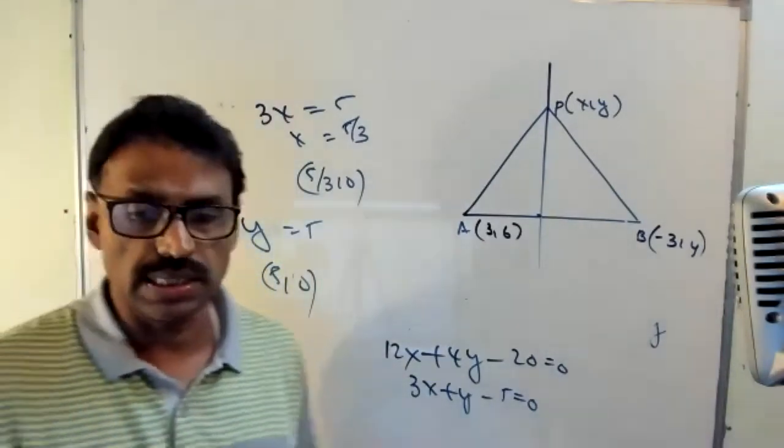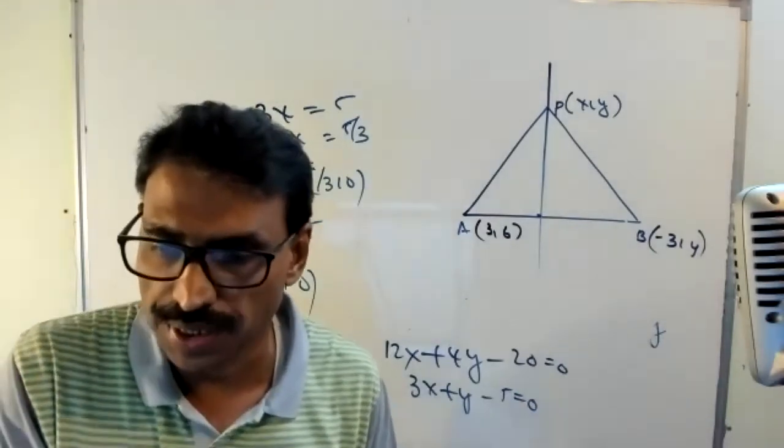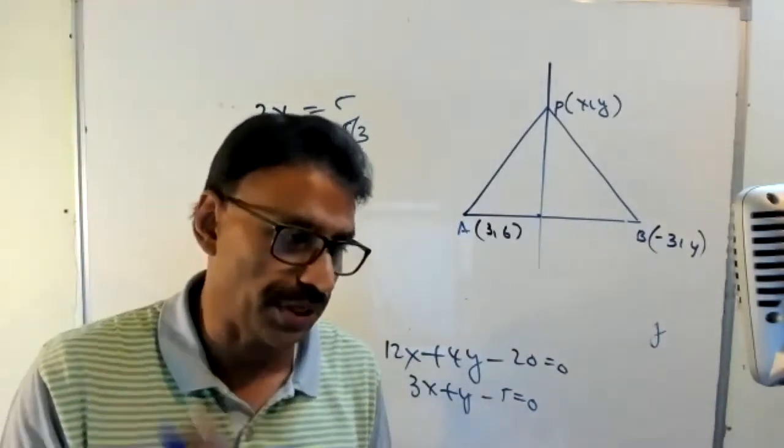Okay, listen, you learn this one now. When a line intersects the x-axis, the y coordinate is 0.